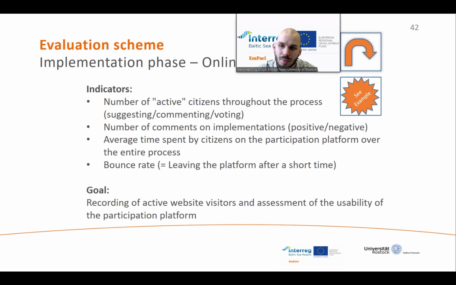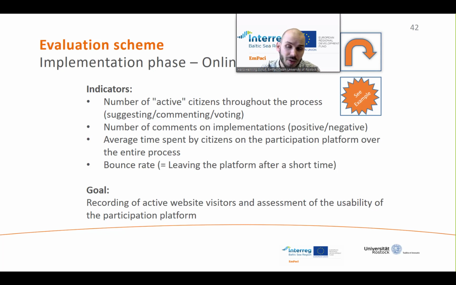But first, from the theoretical standpoint, what is suggested as indicators from our PB evaluation scheme could be, for example, the number of active citizens if you have a real PB platform, like how many citizens suggest, how many comment, how many are voting over the platform.